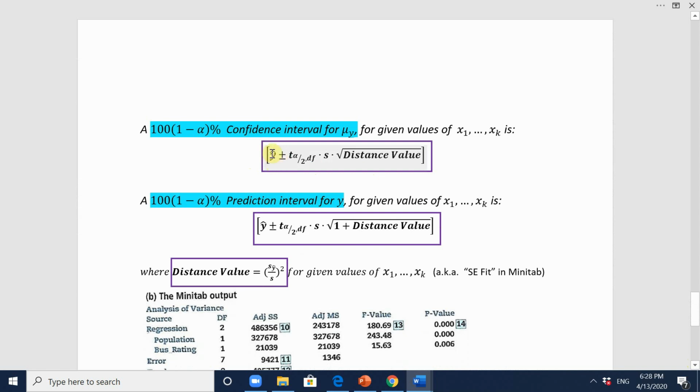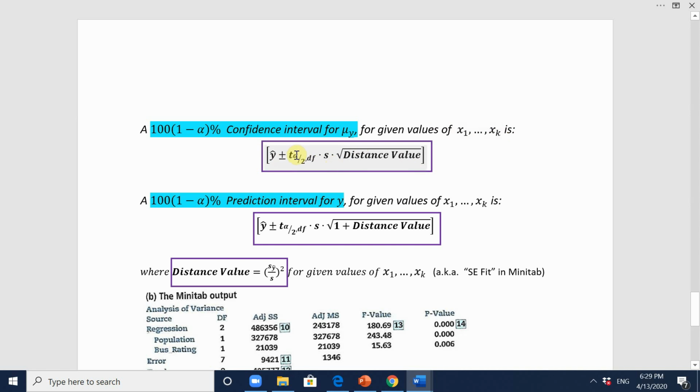So here we have y hat, and that's as a result of plugging the different x1 to xk values into my fitted regression equation, right? And then around that point estimate comes this margin of error.